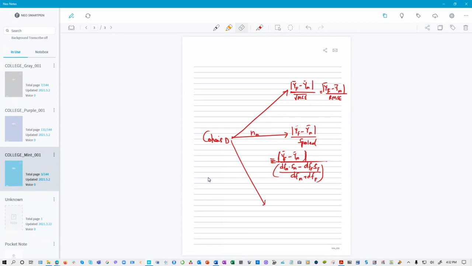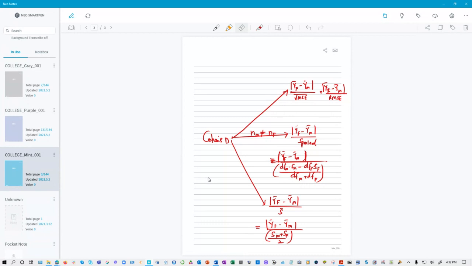And the third one, when Nm does not equal Nf, the other one is y bar f minus y bar m over s bar. That means y bar f minus y bar m over sm plus sf divided by 2.